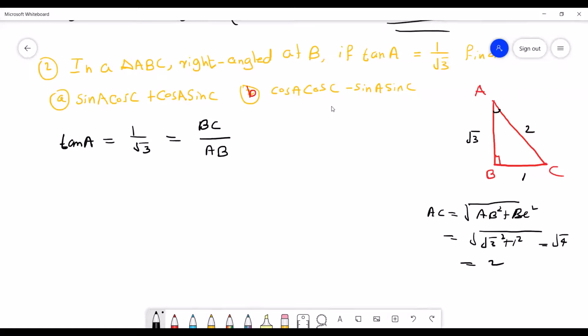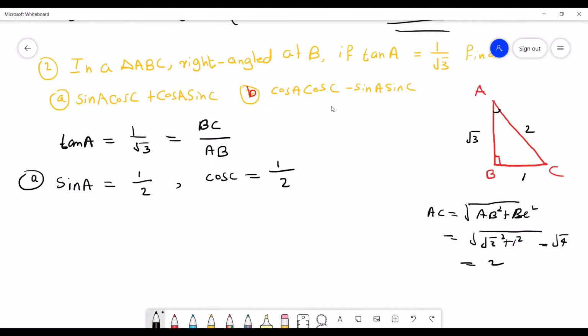Now let us find out the answer for the first question. Sin A we have to find out. Sin A is the opposite side 1 and hypotenuse 2, so 1 by 2. Next is cos C. Cos C has the adjacent side 1 and hypotenuse 2, so 1 by 2.